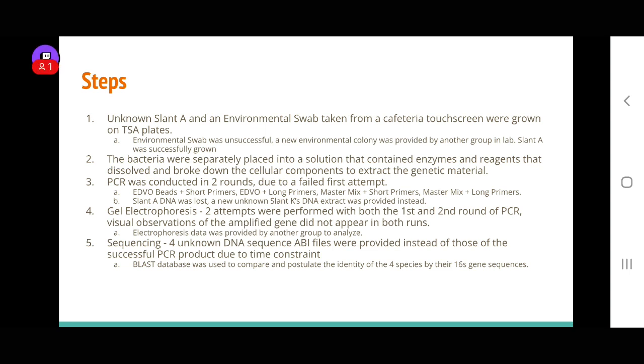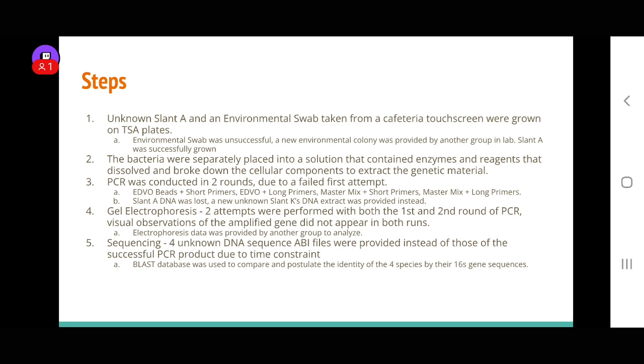The DNA extraction, which was done before PCR, ran successfully, and we didn't have any errors in that sense. But the original slant A sample did get lost in storage, and so the lab instructor did provide us with a new slant K, which was used since losing the slant A in between the extraction and the PCR.